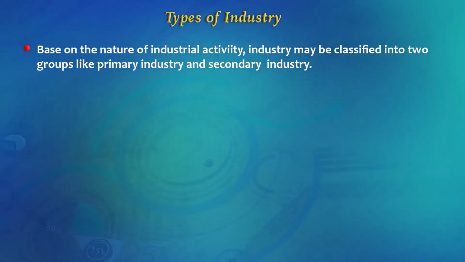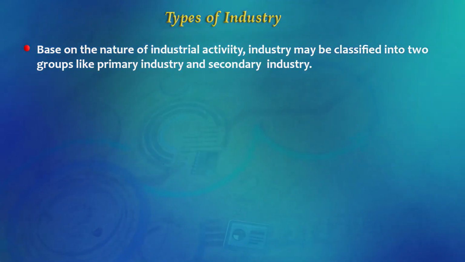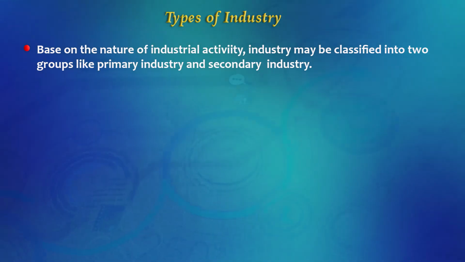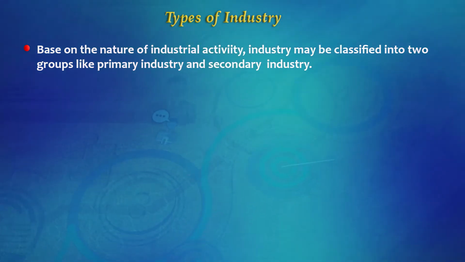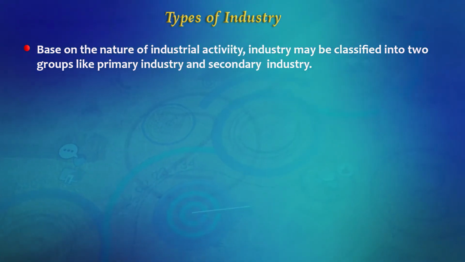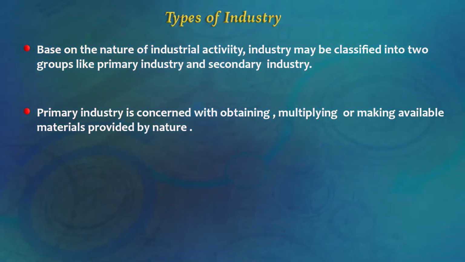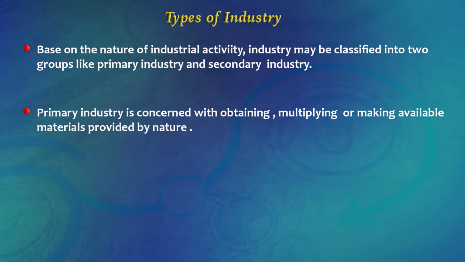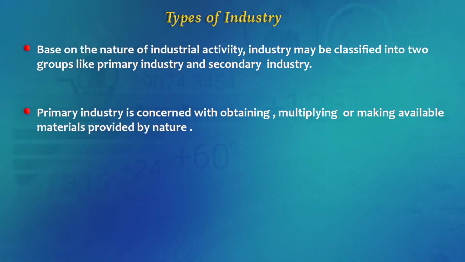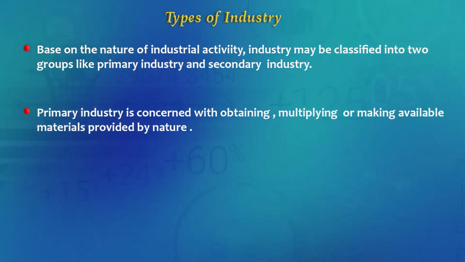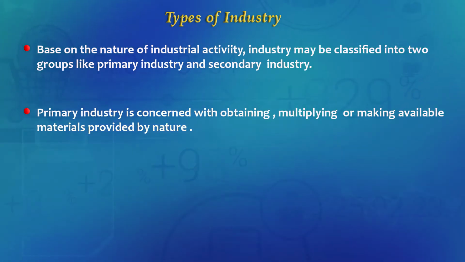So, types of industry. Based on the nature of industrial activity, industry may be classified into two groups: primary industry and secondary industry. Primary industry is concerned with obtaining, multiplying or making available materials provided by nature.